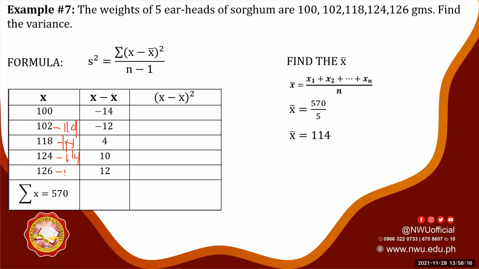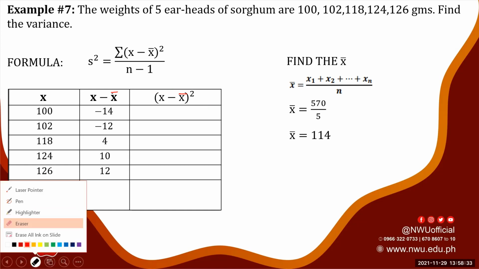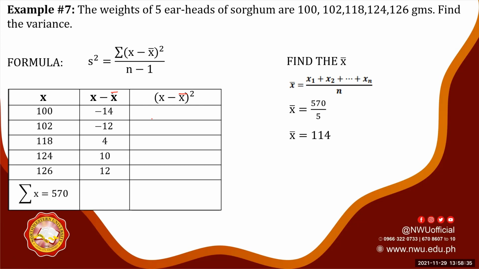And 126 minus 114, that's 12. Now, for you to get this, you just need to square the numbers. So 14 times 14, kasi 14 times 14 is just the same as 14 squared. So 14 squared, that's 196.